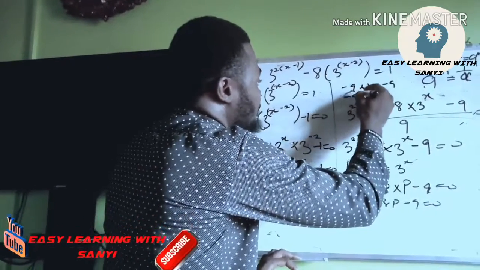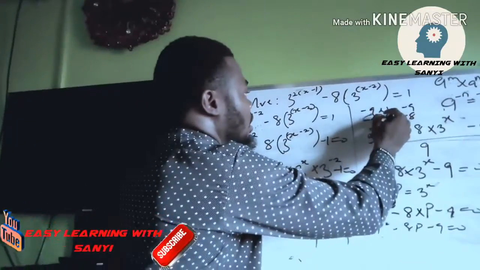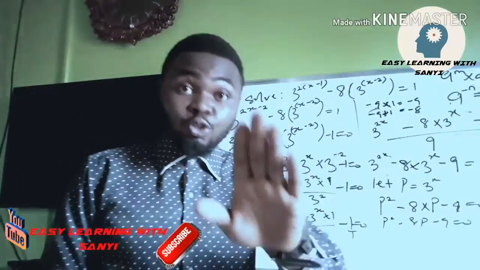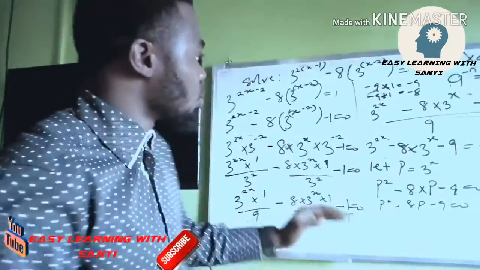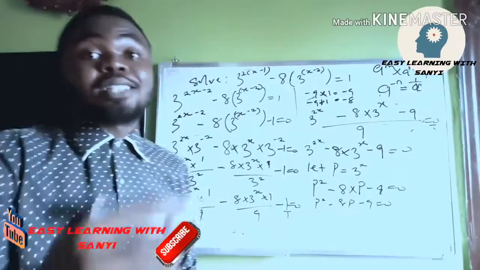But minus 9 plus 1 is what? Minus 8. Remember, go back to how to manipulate signs. I have done all this in my tutorials. So now, from here, it means that the two numbers are minus 9 and 1.